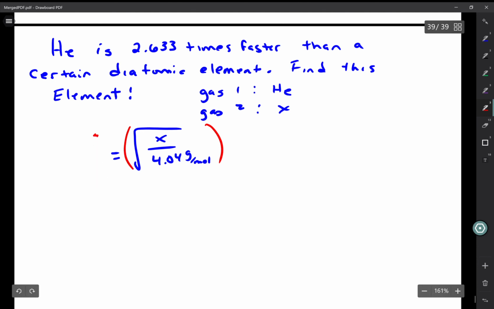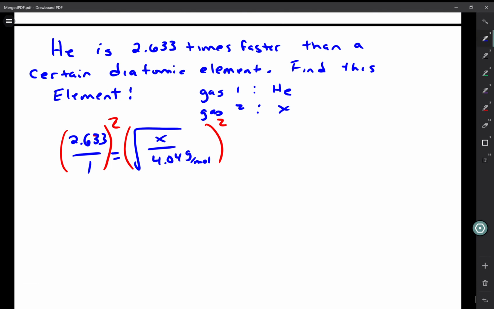All right, let's get rid of my equation here. Our rates are 2.633 over 1. So there we go. Now we're going to square both sides.